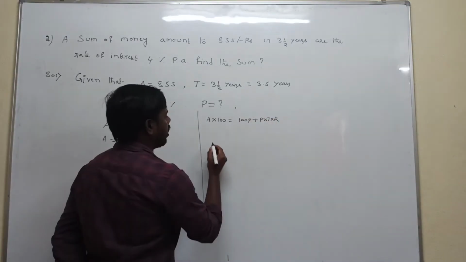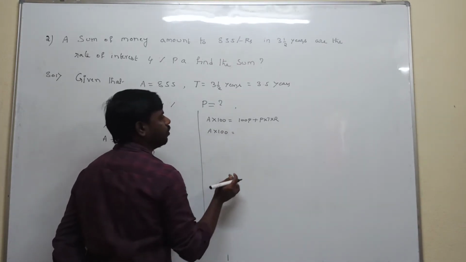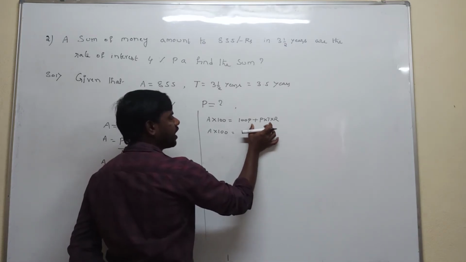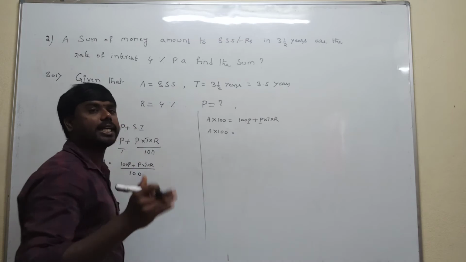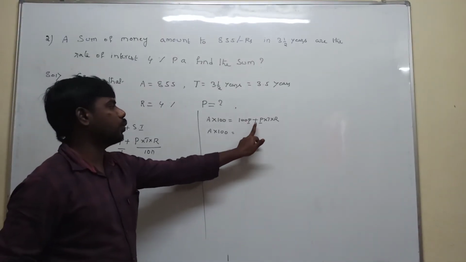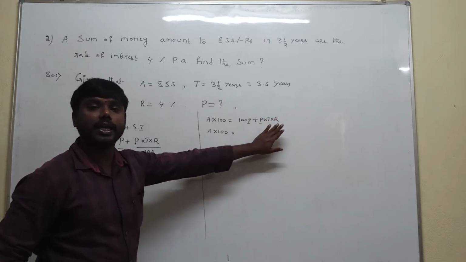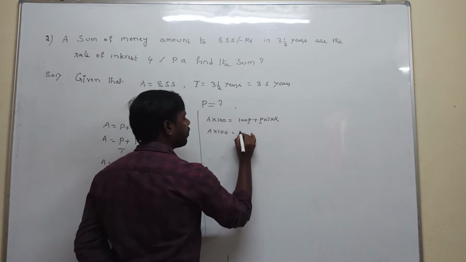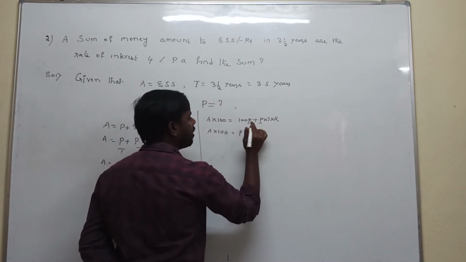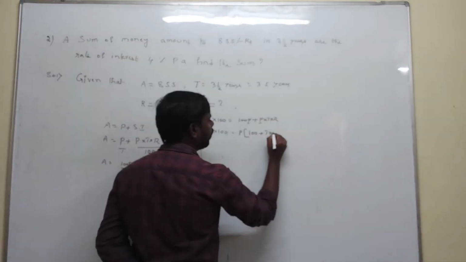In these two terms, which letter is common? P. Taking P common from those two terms, what is left is 100 plus T into R.